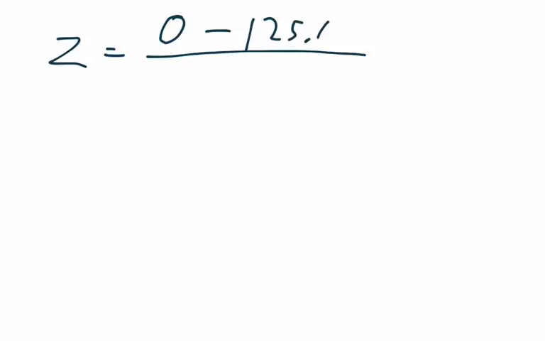So in problem number 1, given a mean of 125.07 and a standard deviation of 136.4, what are the z-scores for 0 and for 480? So for 0, you would take 0 minus the mean and divide it by the standard deviation.